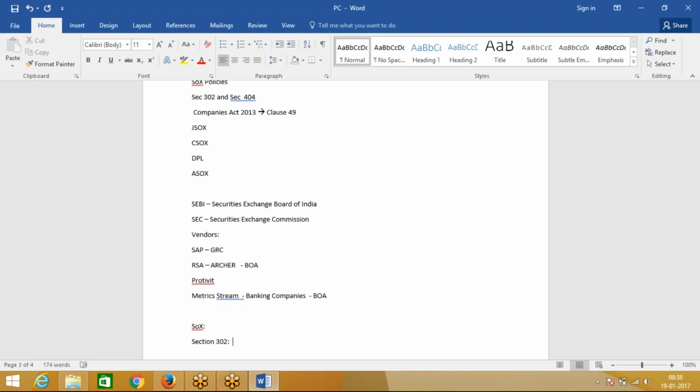So section 302 is mainly asking us to set up the company specific controls, internal controls. That means it talks about the process in each area.